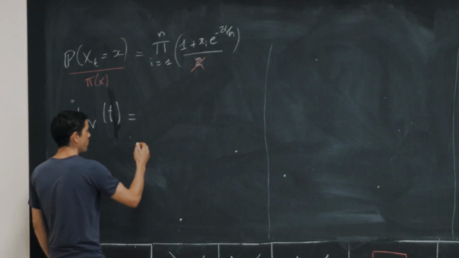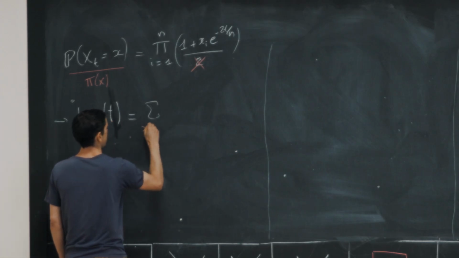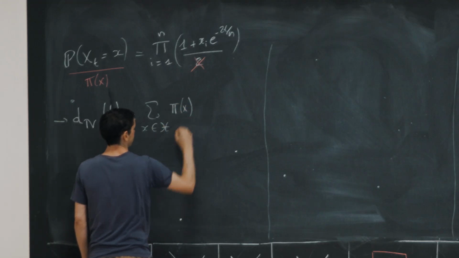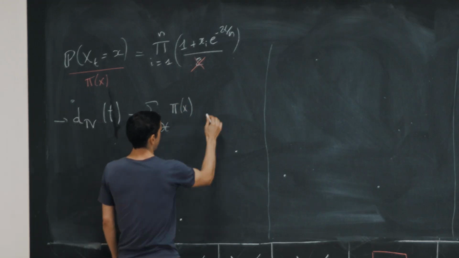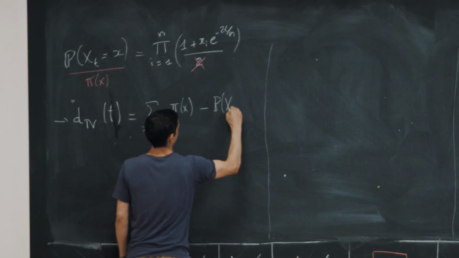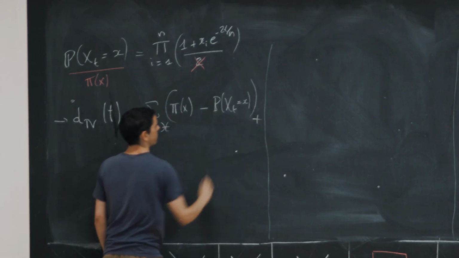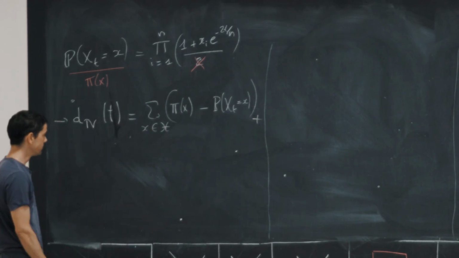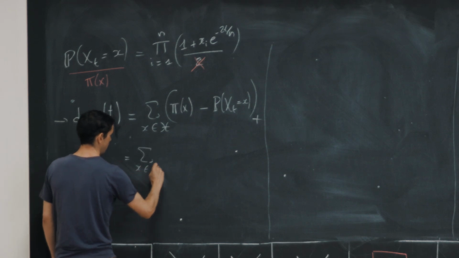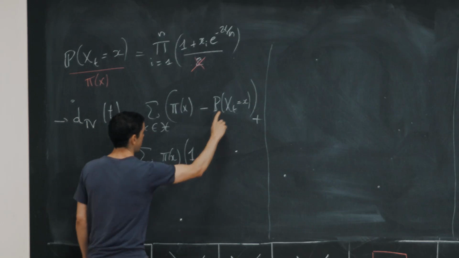Remember, one of the many formulas we have seen was this: the sum over all states, of this minus the probability that X_t is equal to x, positive part. And this I'm going to write as follows. So it's 1 minus this ratio here.